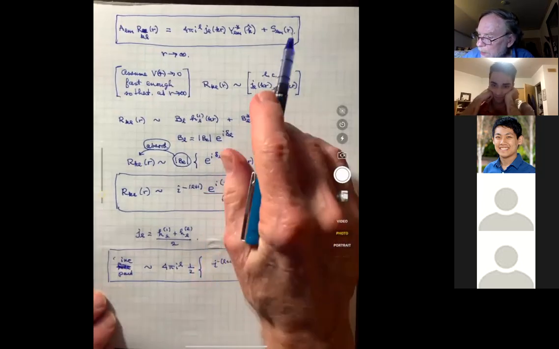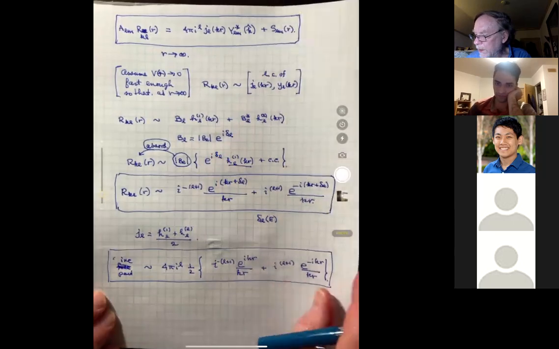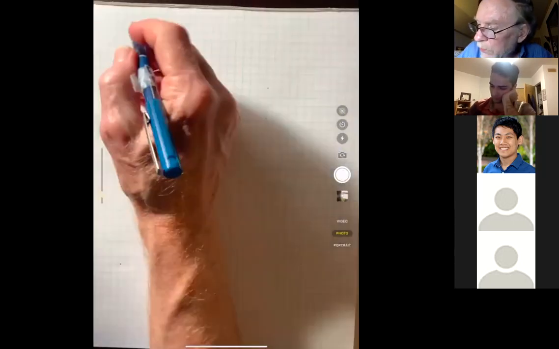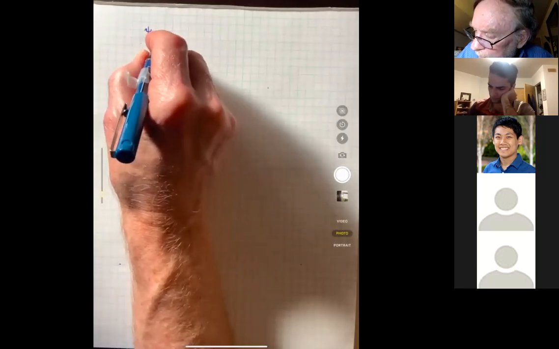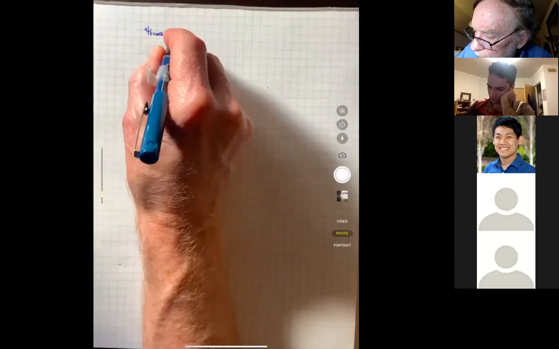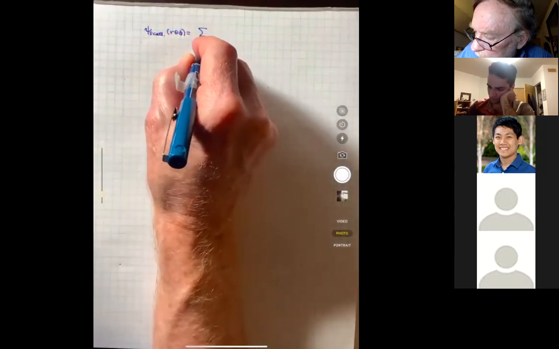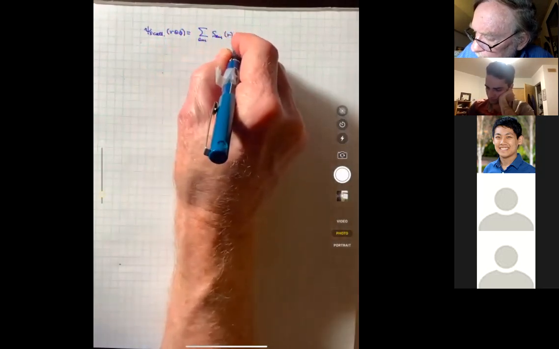And now what about the scattered wave? Can we say anything about the asymptotic part of this SLM? The answer is yes, but let me do it on another page here. Let me remind you, the SLM was defined by writing the psi scattering wave of r, theta and phi as a sum on L and M of SLM of radius r times YLM of r hat.